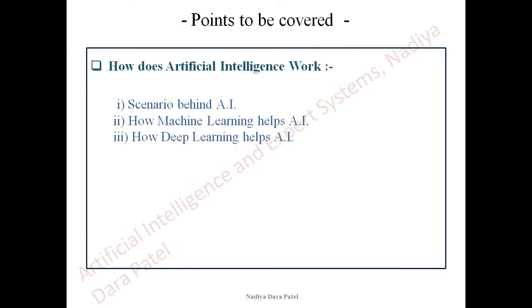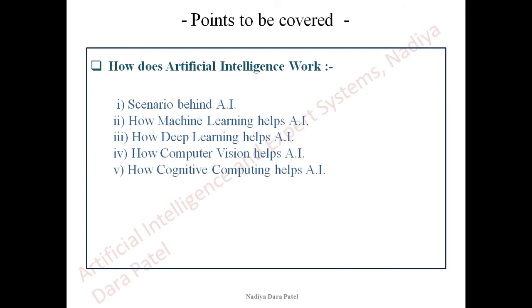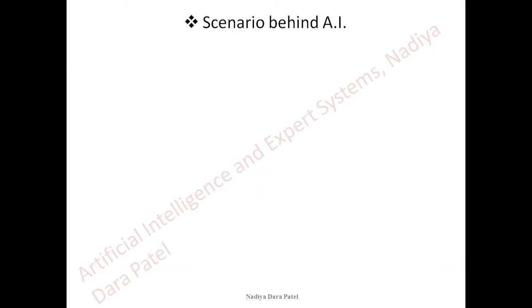Again, we have already gone through what deep learning and machine learning are all about. Further, we will see how computer vision helps artificial intelligence, how cognitive computing helps artificial intelligence, and how natural language processing helps AI. So let us go through the first point, that is the scenario behind artificial intelligence.